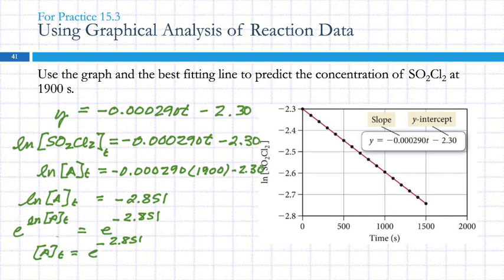Okay, so what is e to the minus 2.851? 0.057? And there was some more? 786. Okay.